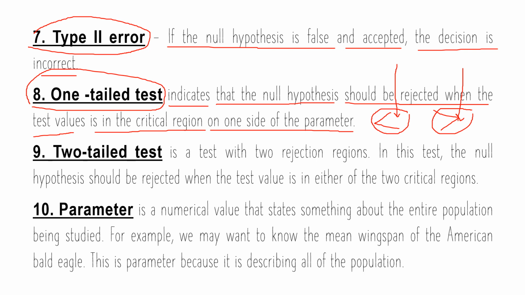Now, how about your two-tailed test? In your two-tailed test, if there are no keywords mentioned in your problem, for example, less than or greater than, we always assume that the problem needs a two-tailed test.